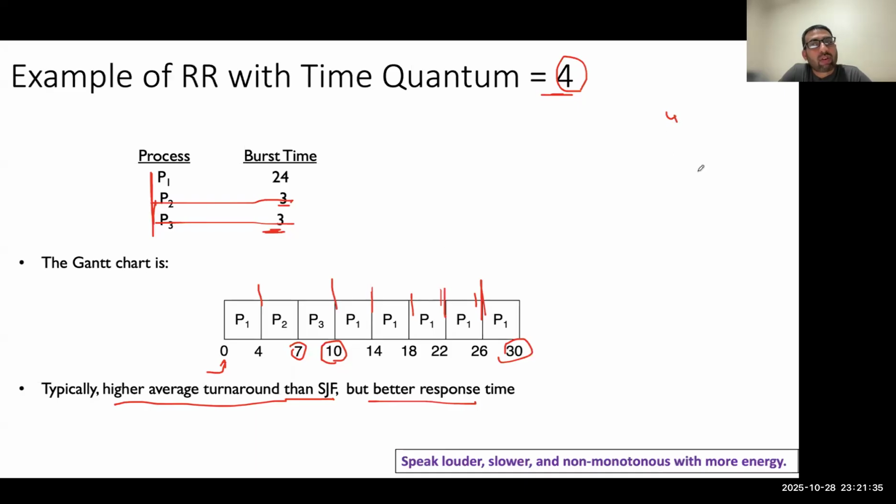When the value decreases from 4 down to 0, the scheduler again kicks in at this time point. What the scheduler will do is check the ready queue. Is there any other process in the ready queue? It finds out no, there is no other ready process. So it will say, okay, now P1 can run.